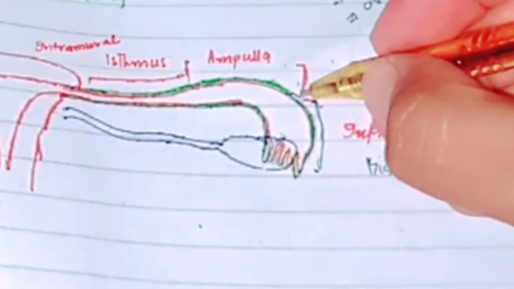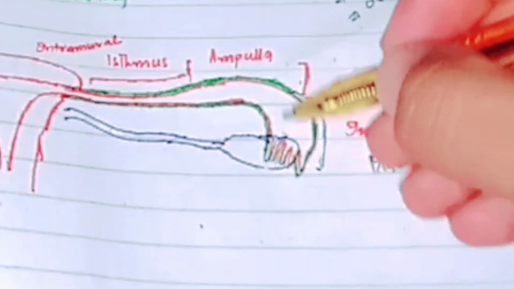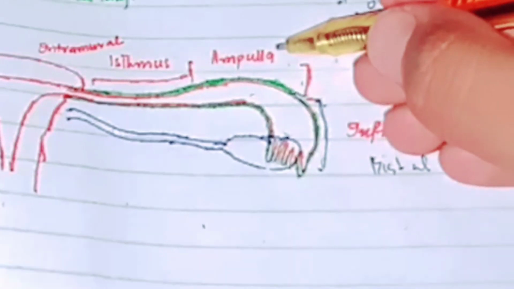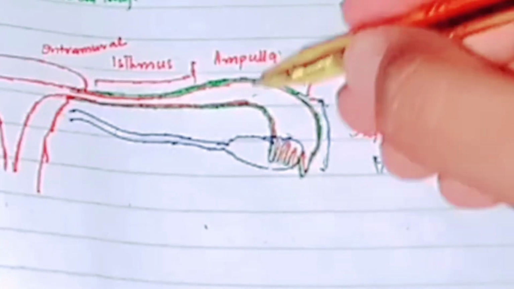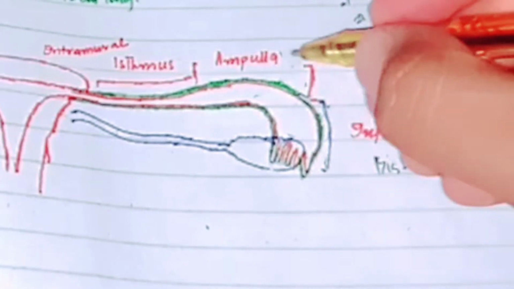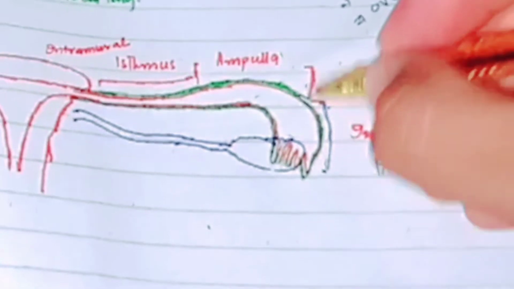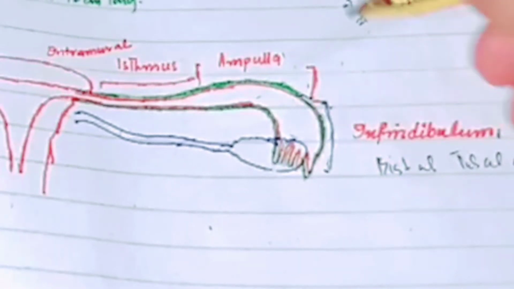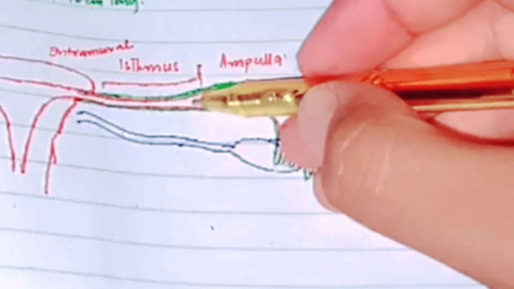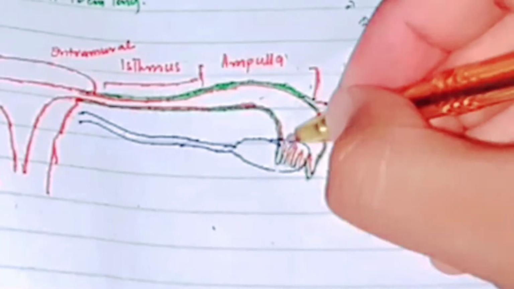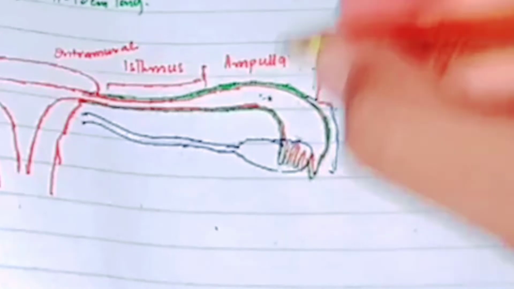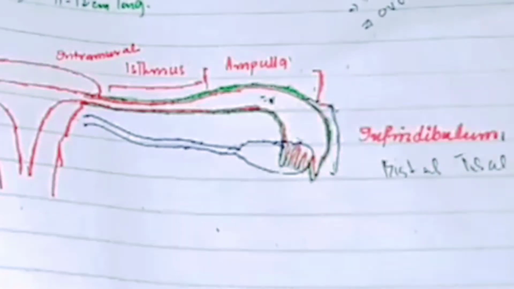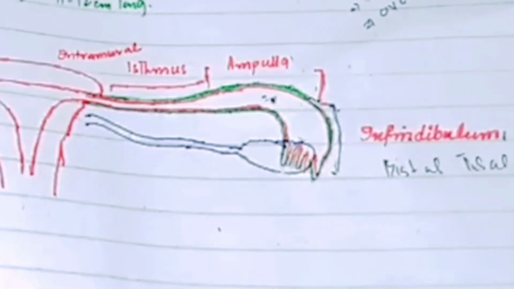So the next part of the fallopian tube is the ampulla, which is the largest part of the uterine tube, and the ampulla extends from here up to here. Mostly the sperm and the oocyte meet here, and fertilization commonly occurs here in the ampulla.